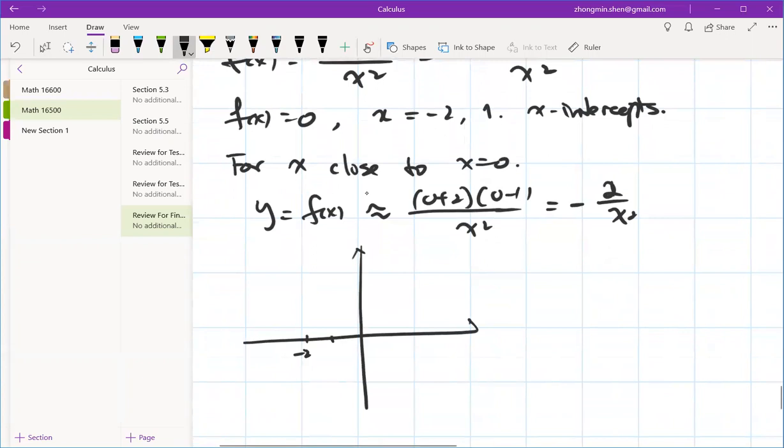1, 2, negative 2, 1. Then that's another horizontal line. Nearby the y-axis, which is x equals 0, the graph looks like that.